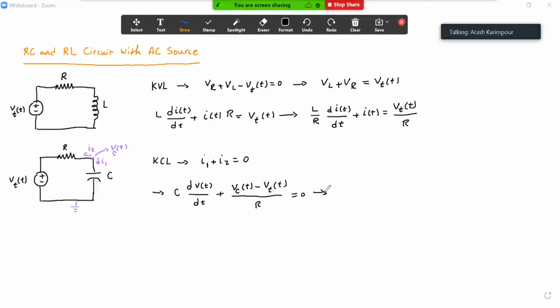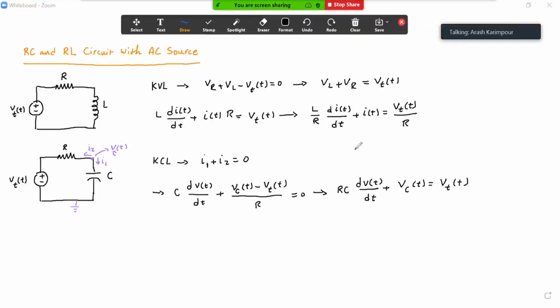If we multiply everything by R, I get RC dVC(t) over dt plus VC(t), and then take V(t) to the other side, it's going to be V(t). So this is the equation I'm going to get.